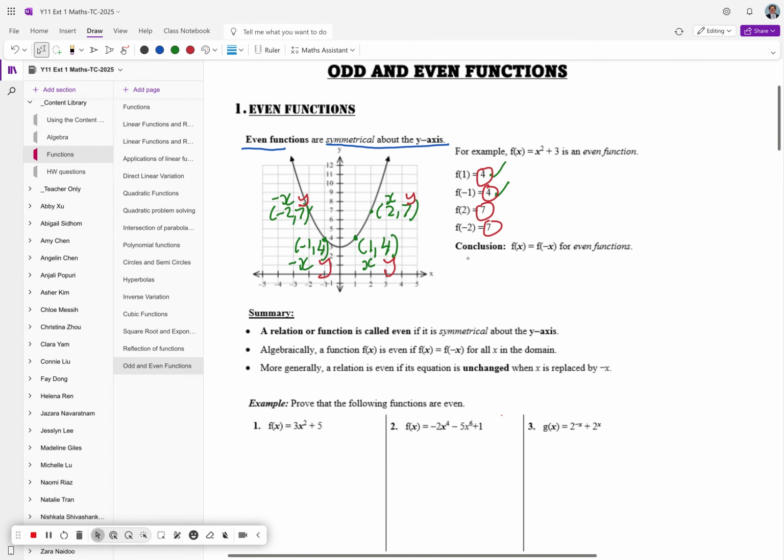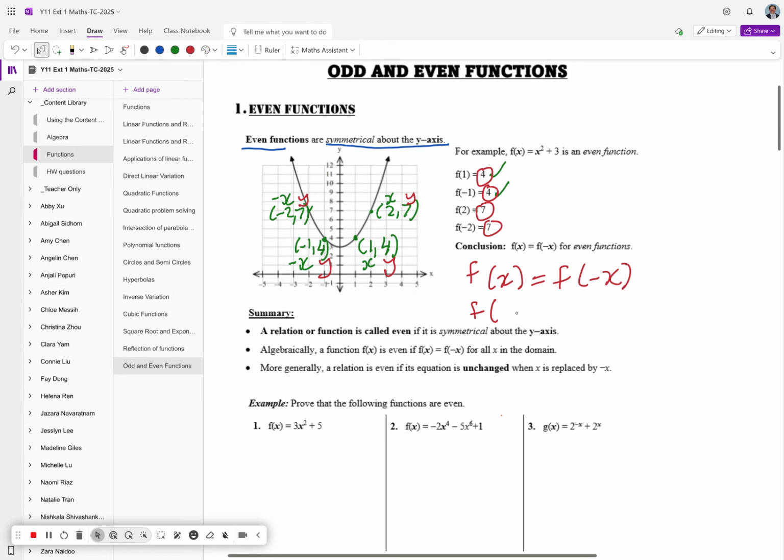So what I can say is, if I take any x and I take f of minus x, then I'll get the same y value. You can see that here. So f of x equals 4, f of minus x equals 4. So this works for any x value for even functions.